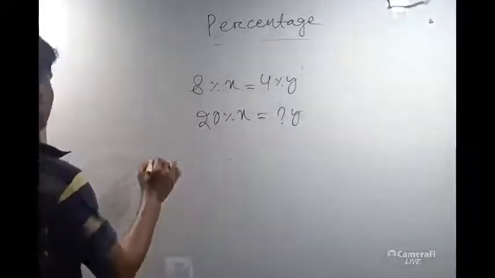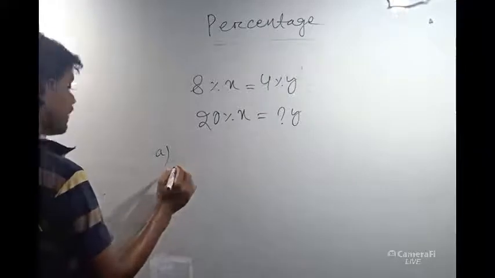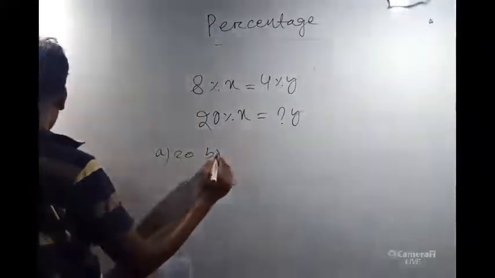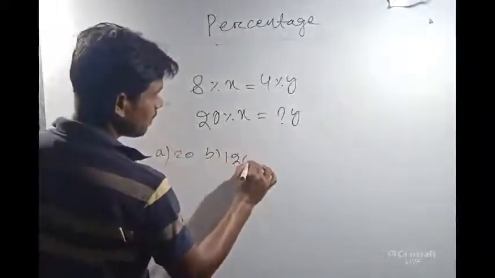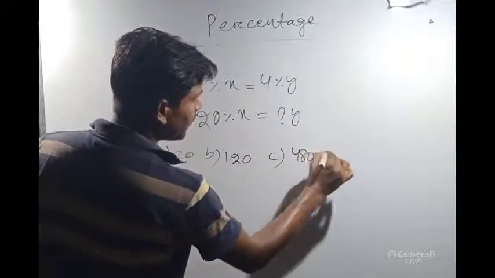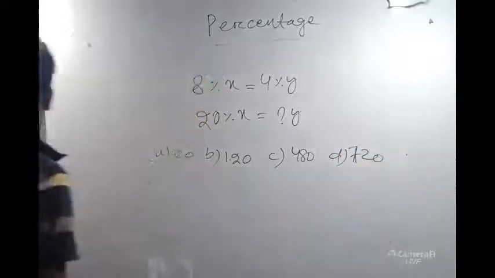Okay, then options are A 20, B 120, C 480, D 720.